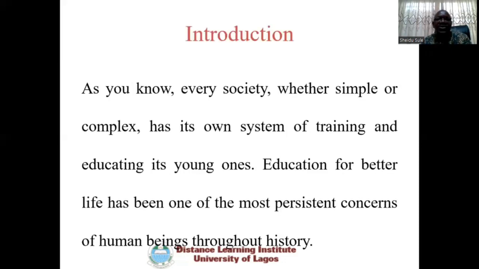Introduction. As you all know, every society, whether simple or complex, has its own system of training and educating its young ones. Education for a better life has been one of the most persistent concerns of human beings throughout history.